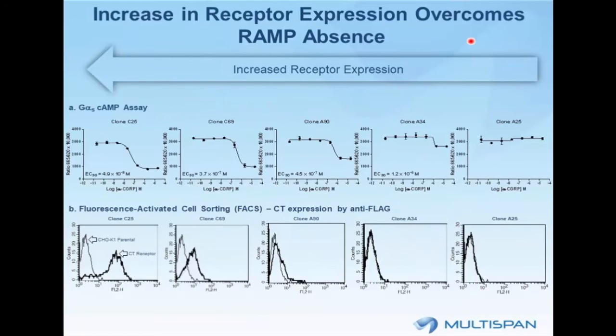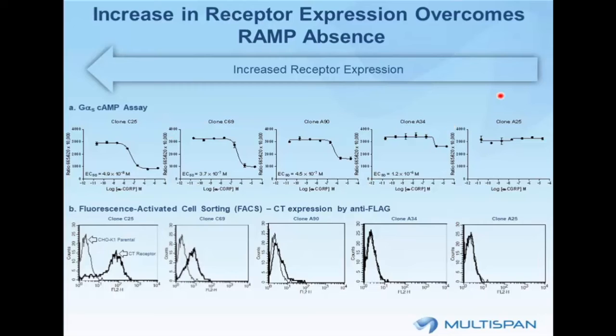There's another complicating thing in this, though: increases in receptor expression actually overcome the RAMP absence. Here is one clone with very little expression of the receptor. Here's the receptor expression. You can see as you increase receptor expression, you start getting an increase in signal.